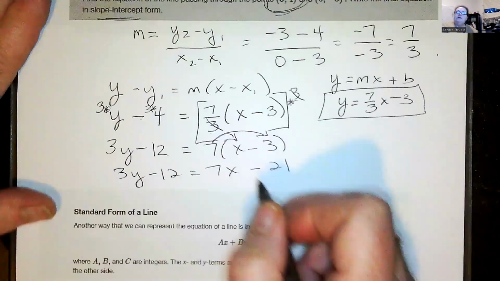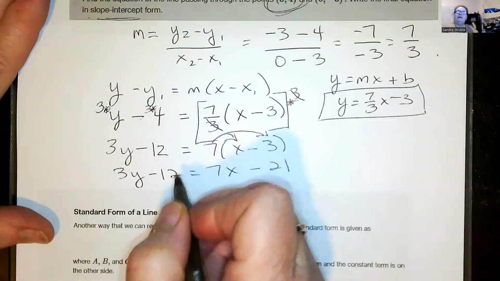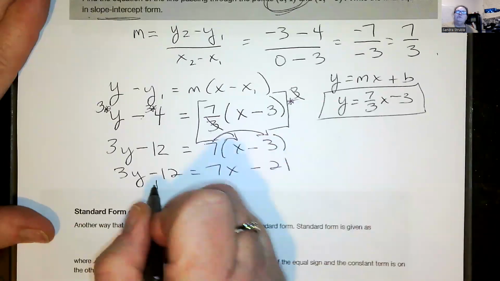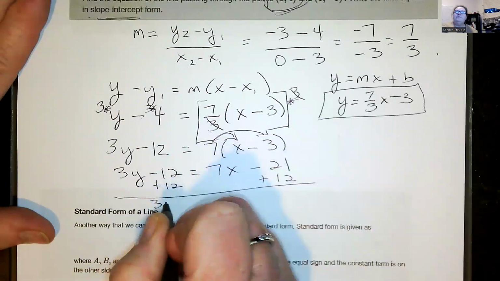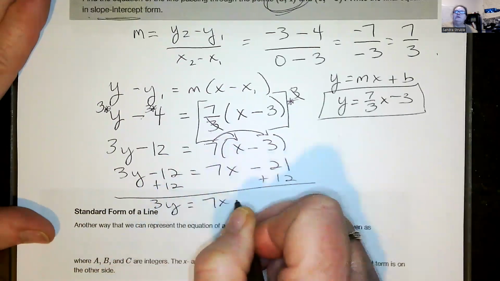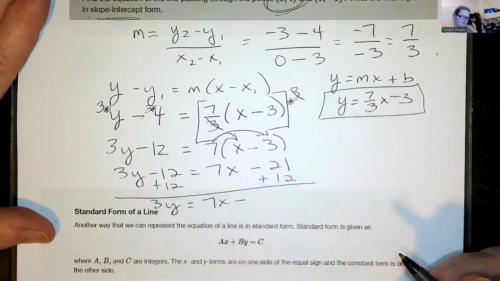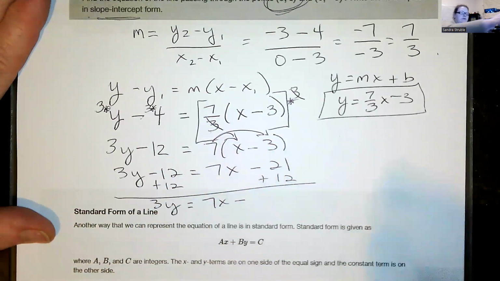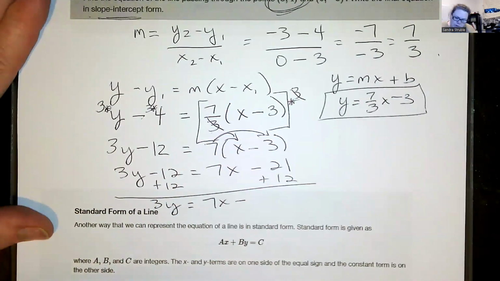Last thing we're going to do is solve for y. So I'm going to start by getting rid of this negative 12 by bringing it over. And I get 3y is equal to 7x minus, why am I forgetting this? Hold on a second. I'm just not thinking, 21 and 12.